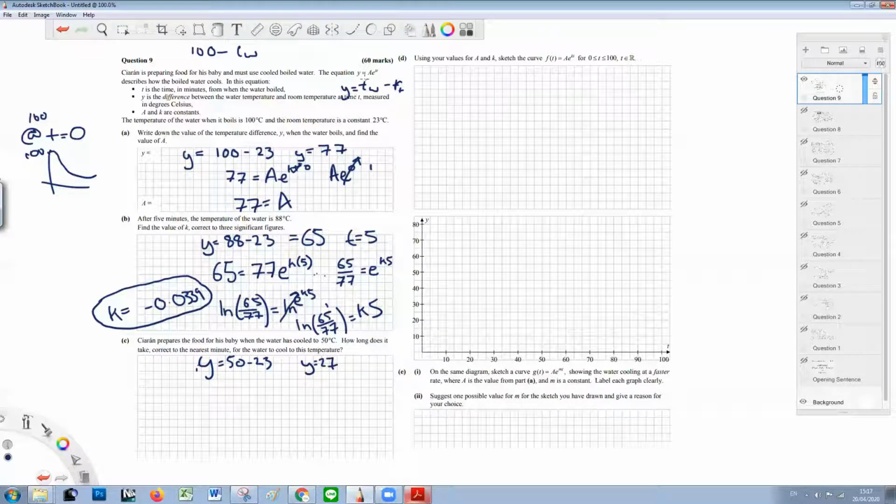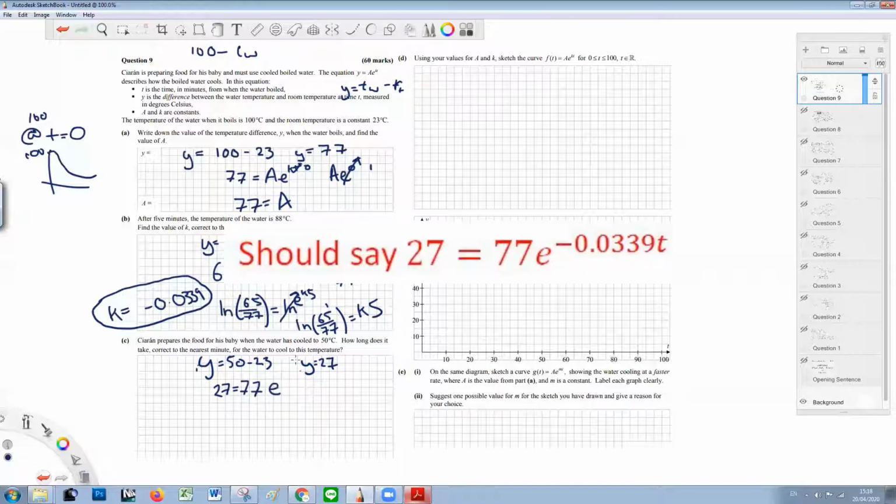If we go back to this equation, we know A, we know K, e is a constant, so what we're looking for is T. So 27 is equal to A, which is 77, times e to the K, which is minus 0.0339, times T. So again, it's going to be 27 divided by 77, which is almost the exact same as the last question, to be honest.